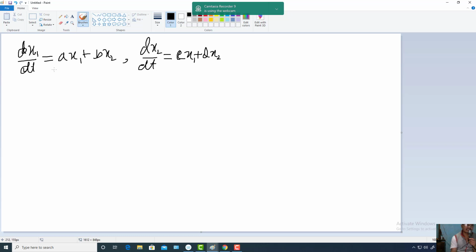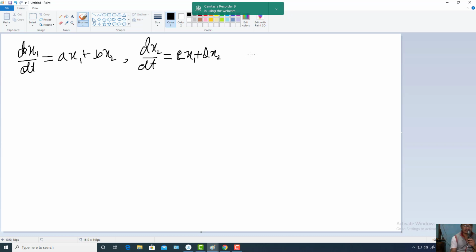So this is a linear system because the degree here is 1, here also degree 1, here also degree 1. Okay, so it is obvious that (0, 0) is a fixed point of this system.